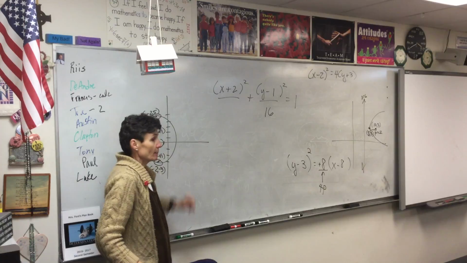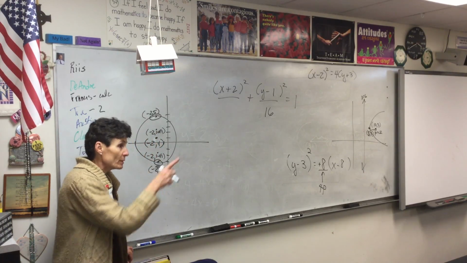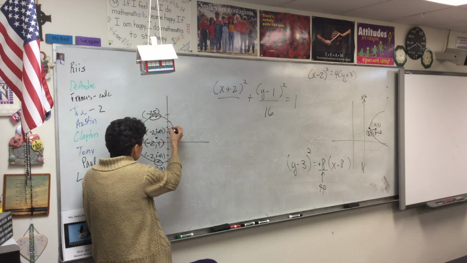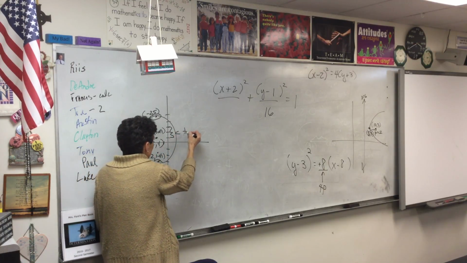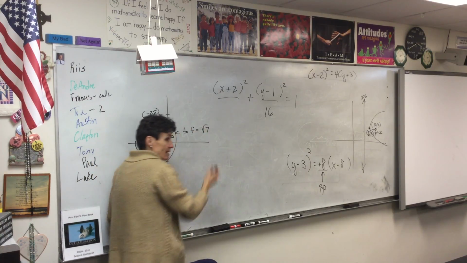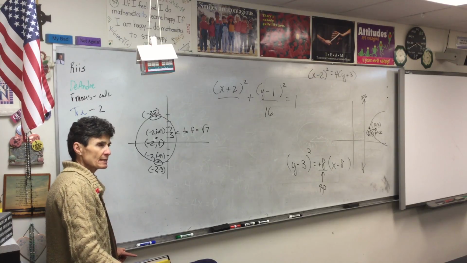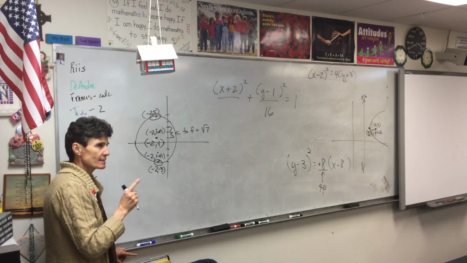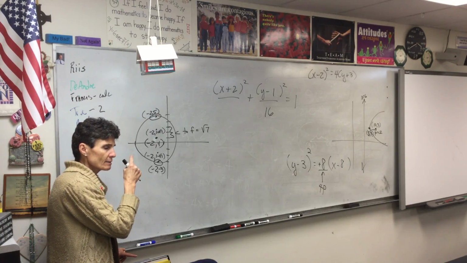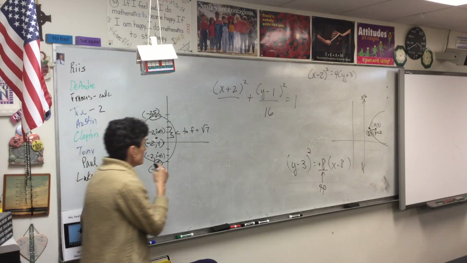What about that other denominator? We don't know. But we do know that between the center and the focus, that distance is apparently √7. And how do I calculate that distance? What do I do to my equation? I subtract the denominators and take the square root.